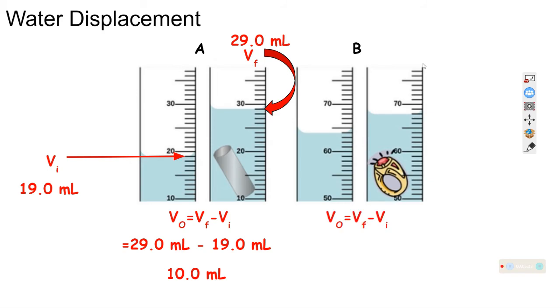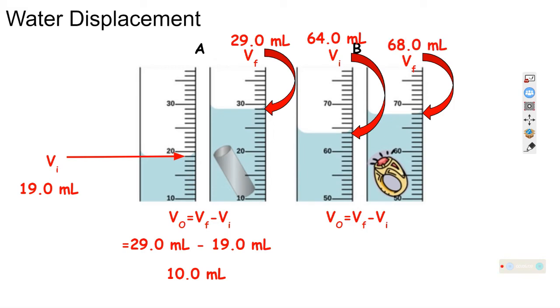Again, we have VO equals VF minus VI. The VI of this would be 64.0 milliliters. Everything goes up by 1. It's got to have 1 decimal place in the answer. The VF for this one, for the ring, after adding the ring, the final volume would be 68.0 milliliters.